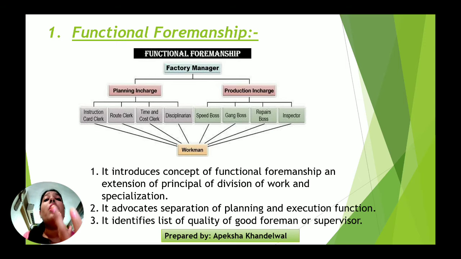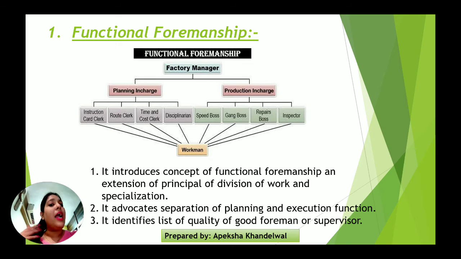But who will look after the work of the worker? In order to do that, he made 8 bosses, who will look after different varieties of work and observe the working of the worker.